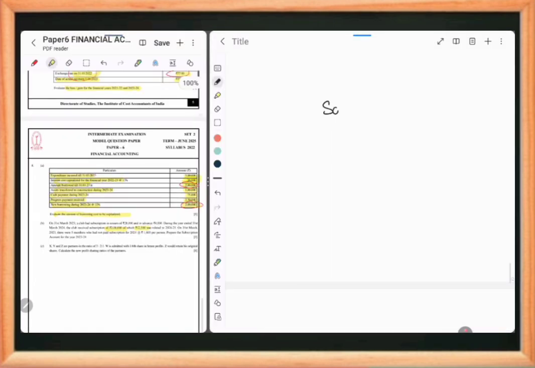So if we prepare the subscription account, we can find out how much should be charged according to the income and expenditure account. Actually, what is given? Subscription account, opening balance, arrears.